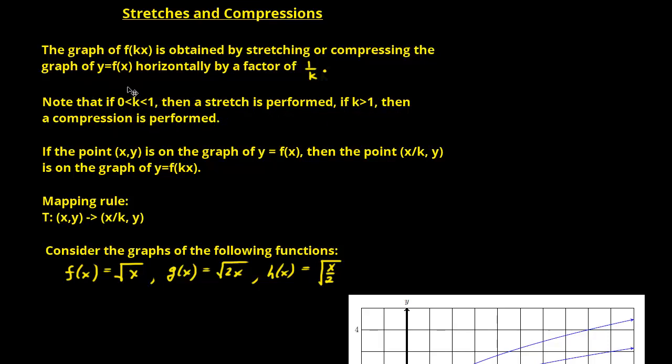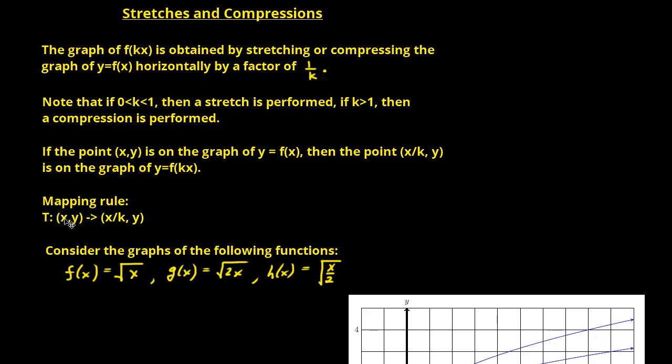And we also looked at the fact that when k is negative, this results in a reflection about the y-axis as well. So what does that mean? It means that if x comma y is on the graph of y equals f of x, then the point x over k comma y is going to be on the graph of y equals f of kx.